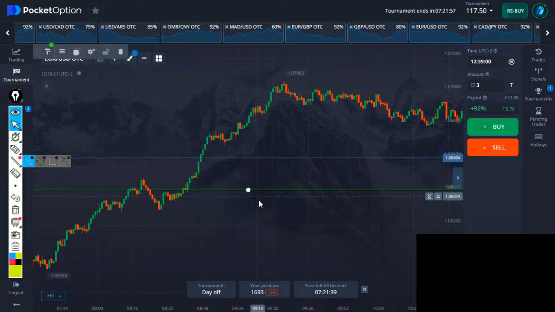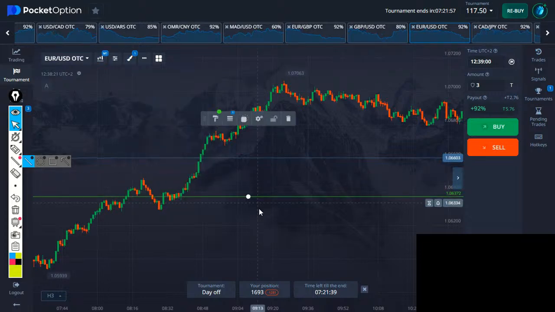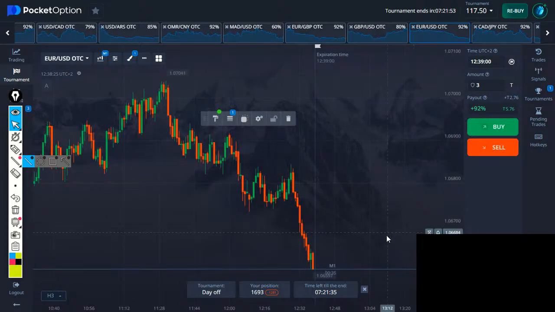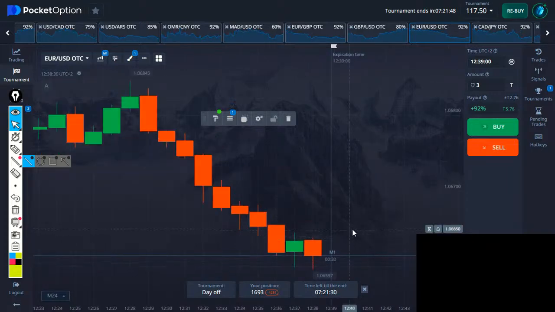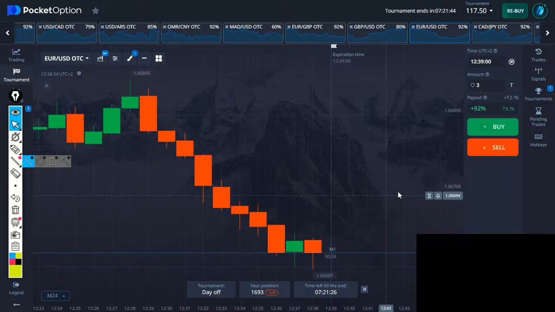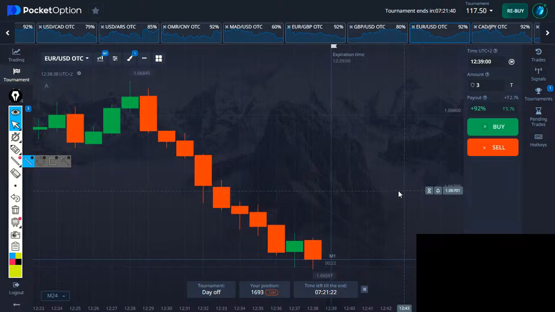What do we have here? Huge downward momentum. Let's wait for the close.